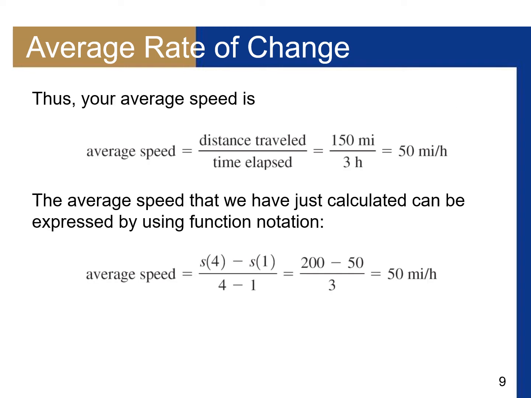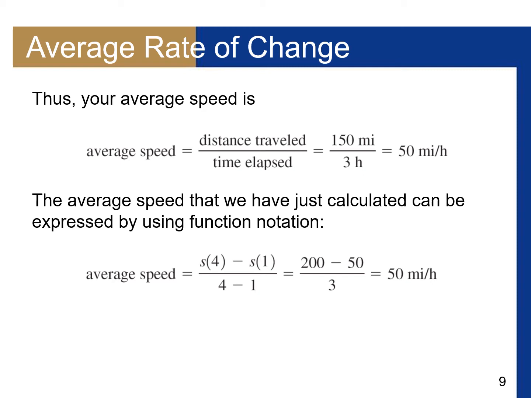So your average speed would be that 150 miles that you traveled over the time elapsed, which again is the 3 hours. If I divide the two, I will get 50 miles per hour on average.